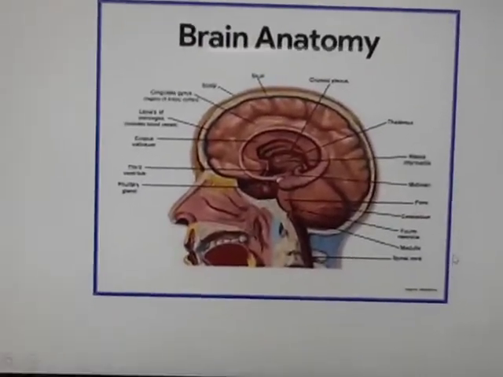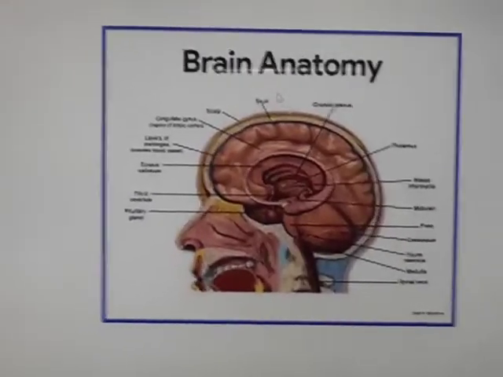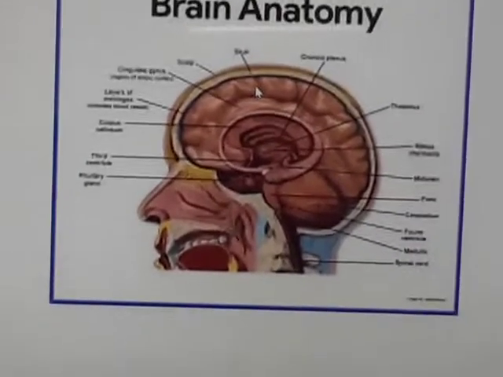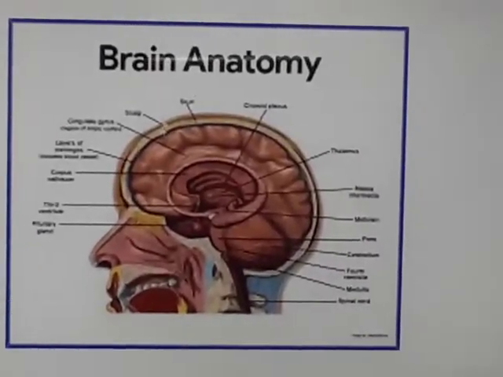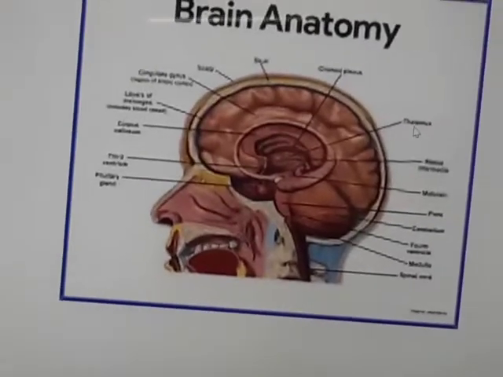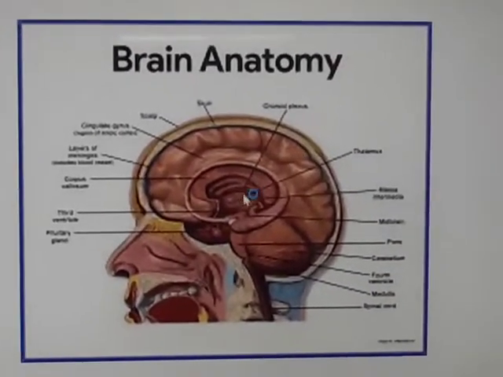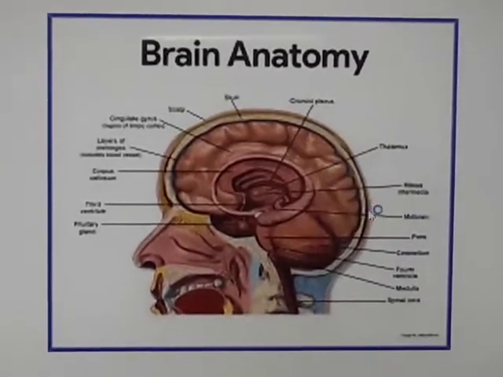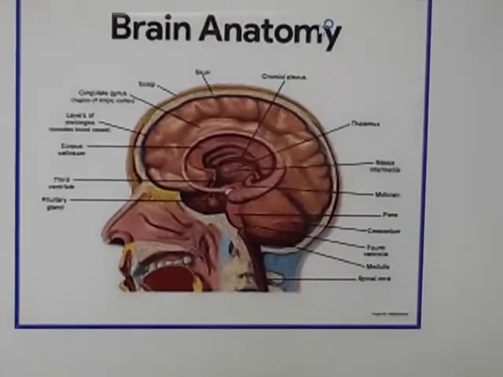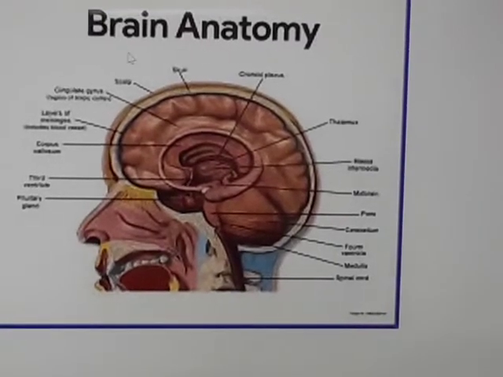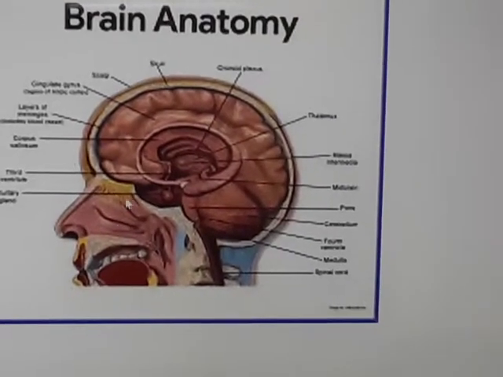Now, the brain's anatomy is not something very difficult, but when doing practical, we need to be really careful about the things, and everything that we see in the diagrams is seen here also in the actual anatomy of the brain, like the thalamus, the cerebrum, the cortex, the cranium, and all those things.